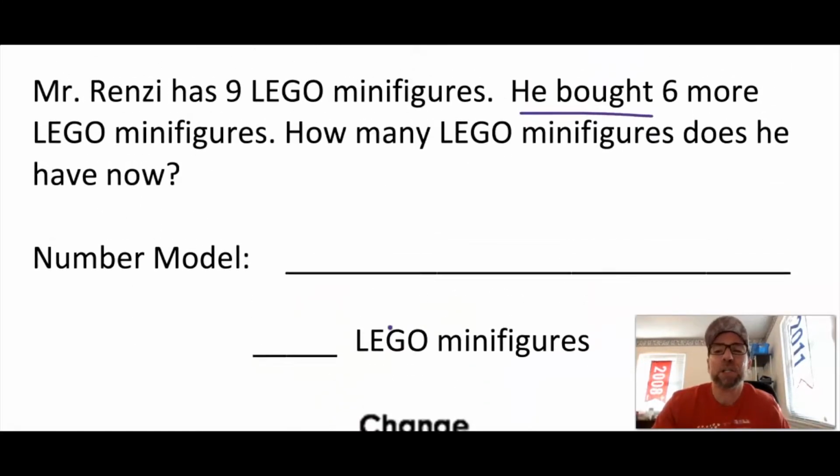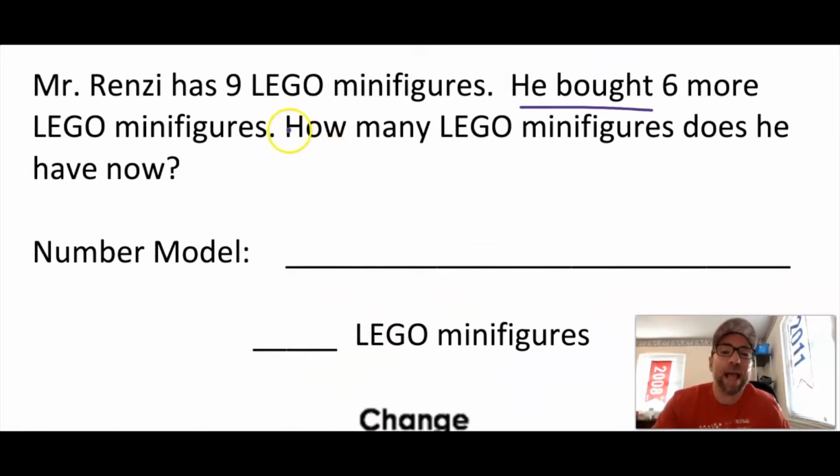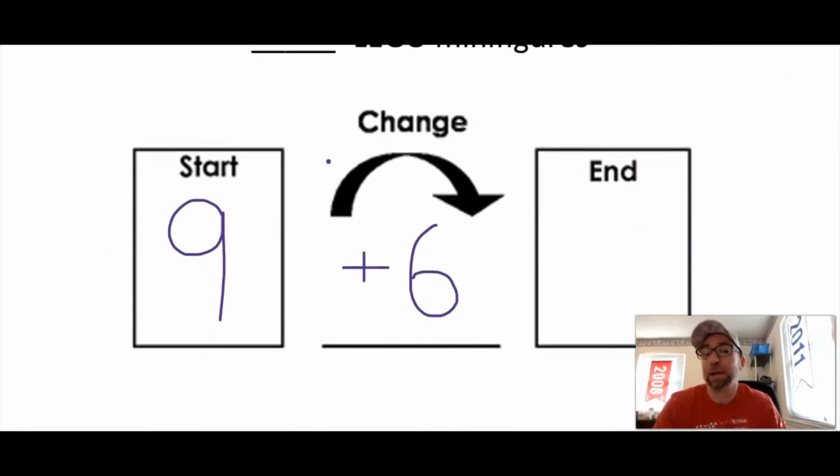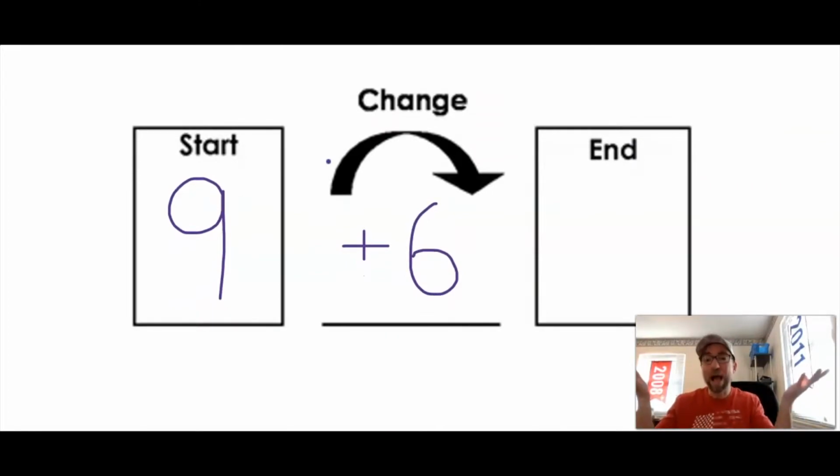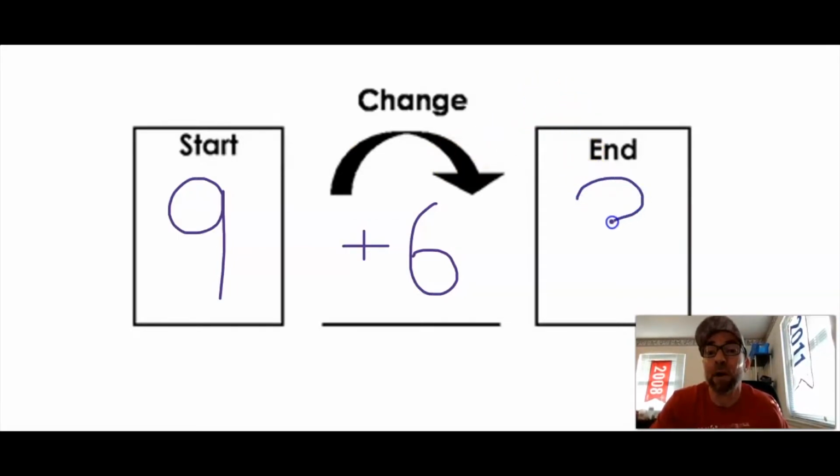Now let's see how our story continues. How many Lego minifigures does he have now? Well, that's the end of our story. We don't know how many I have now. Now, some of you are saying, I know the answer, I know the answer. But when we have to find one of these parts, what we do is we put a question mark where the part is that we have to solve.